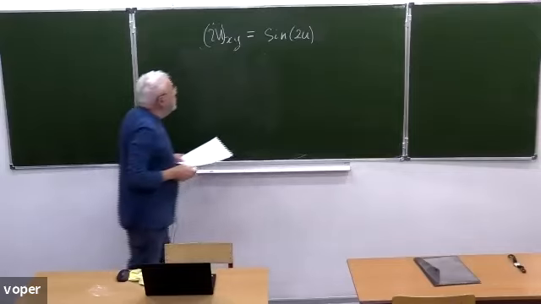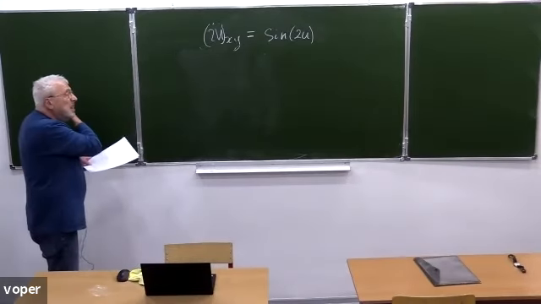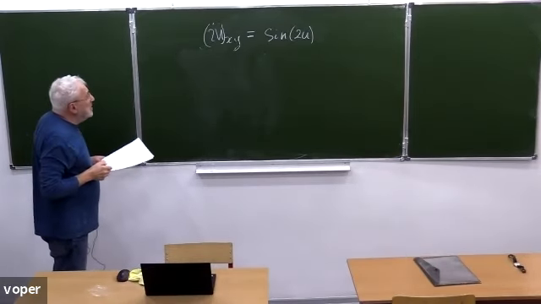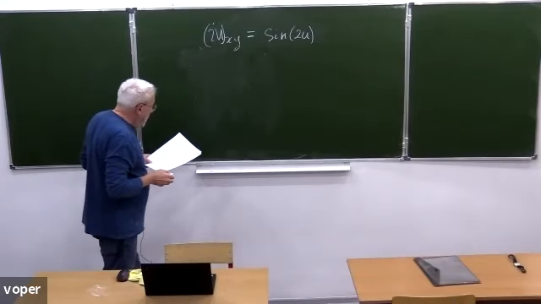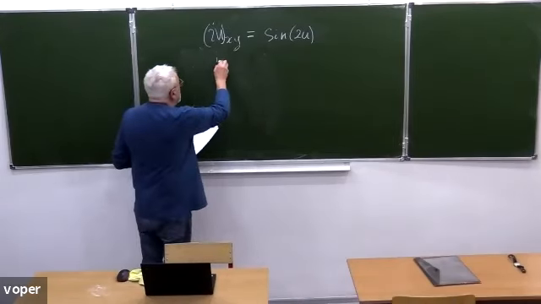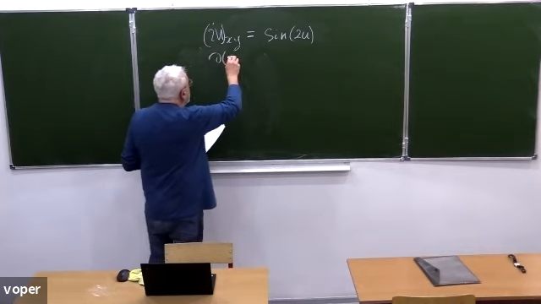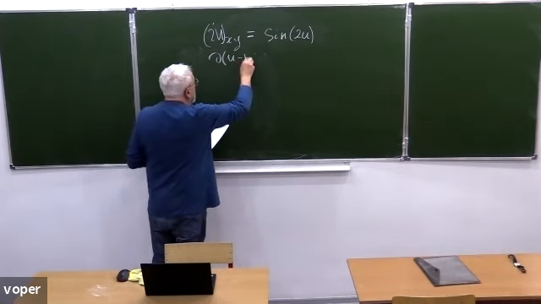This coefficient 2 is inserted to simplify the formulas for the Backlund transformation. And it's the Backlund transformation, the classical, the first known Backlund transformation.